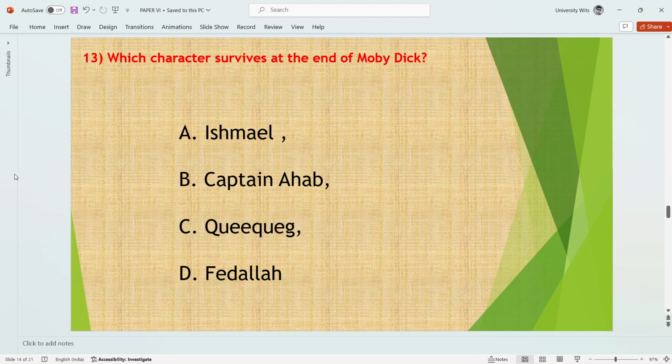Why I'm saying Ishmael is the narrator and the only crew member of the Pequod who survives the final confrontation with Moby Dick.